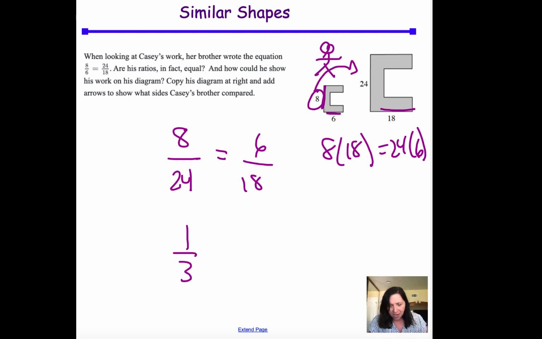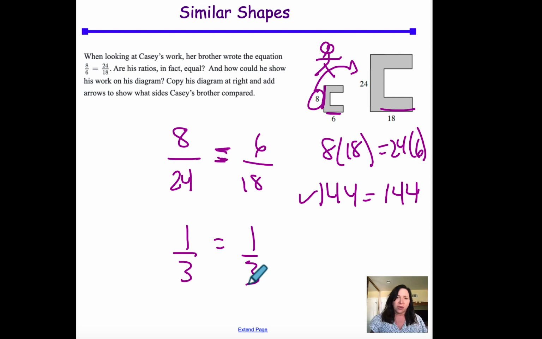And so what is that? 8 times 18, checking on my calculator, is 144. And then 24 times 6, also 144. So yeah, this is a similar shape, and they are proportional because the left side does equal the right side. Option B would be, look, I can just reduce these and see that 1/3 is equal to 1/3.